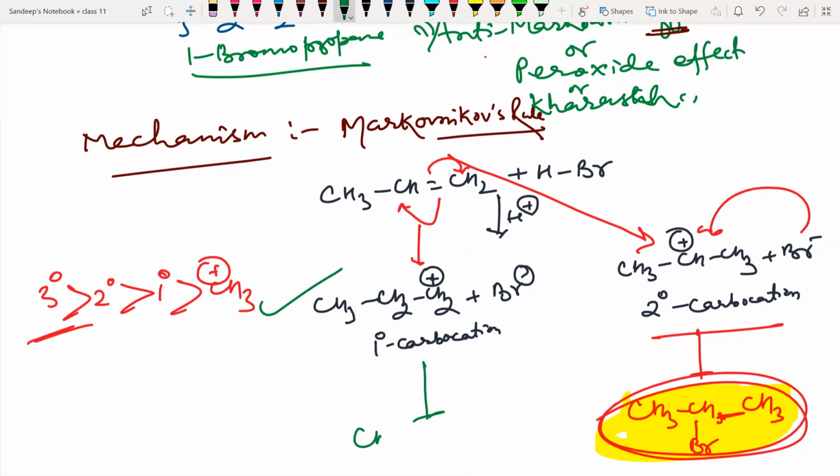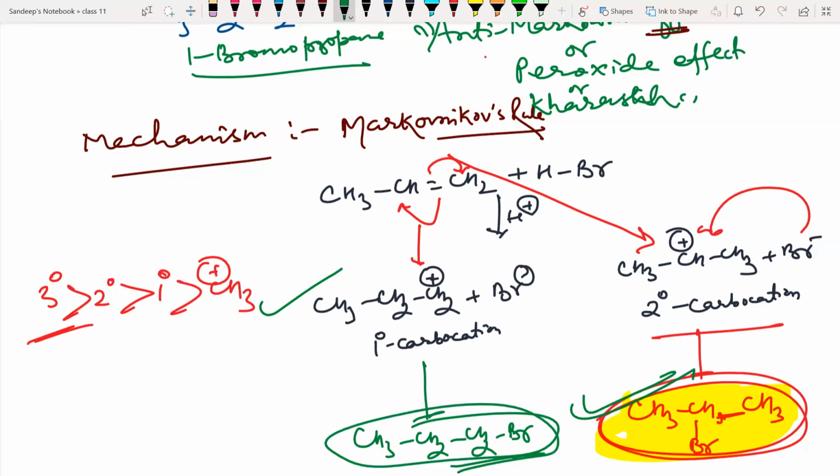The other will form 1-bromopropane, which will be the minor product, but 2-bromopropane is major. So in Markovnikov's addition, 2-bromopropane, via the secondary carbocation, is the major product. Noted.